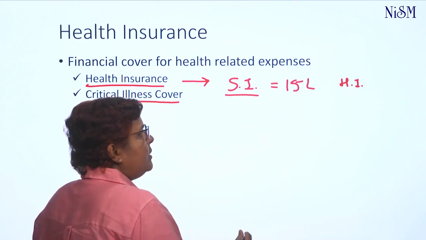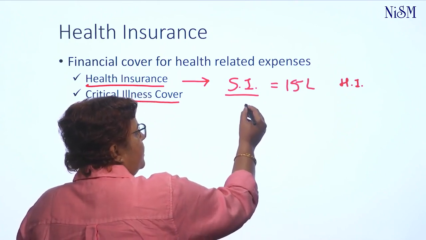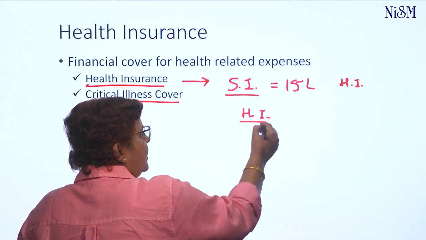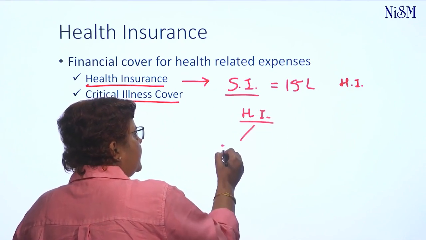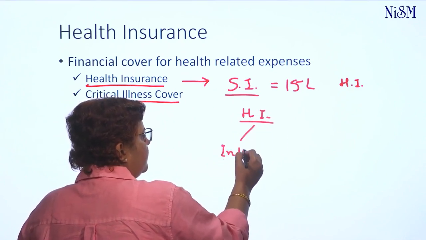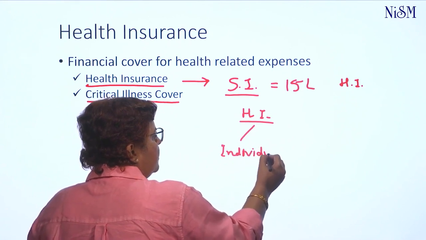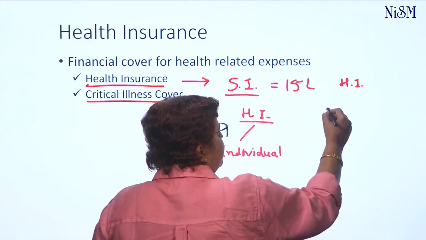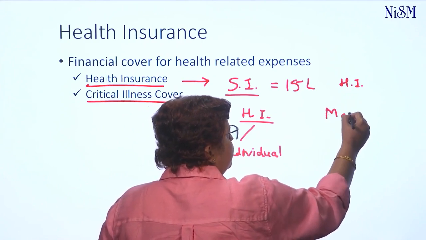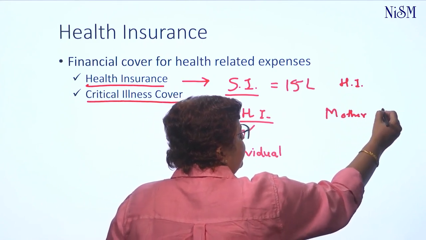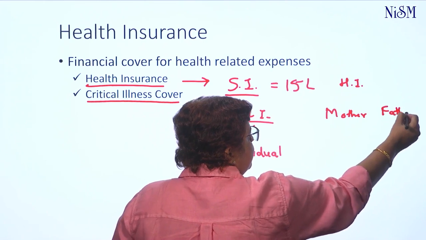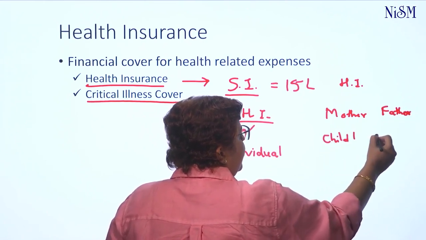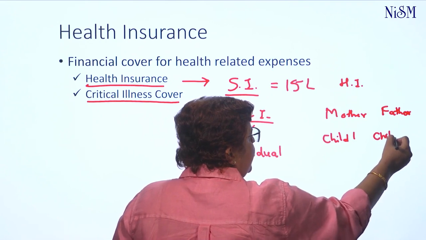Now, what all happens here? Health insurance can be of two types. One is where the person takes individual cover. So, there is a family: mother, father, child 1, child 2.